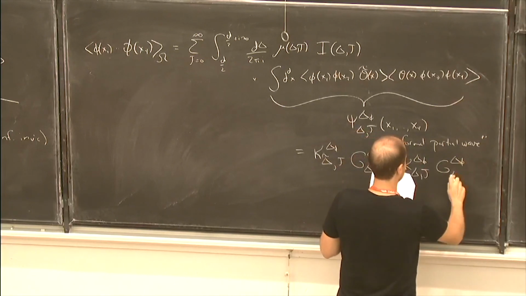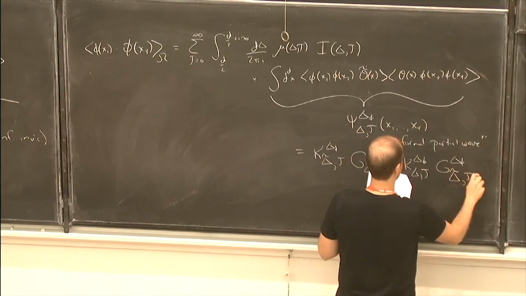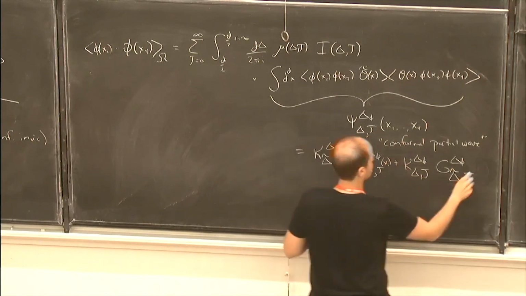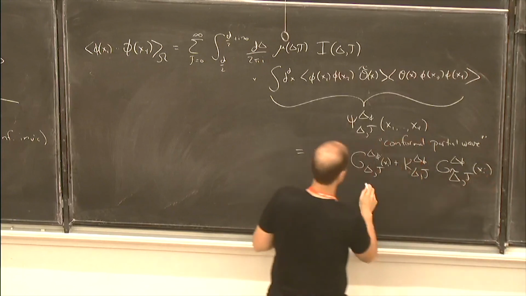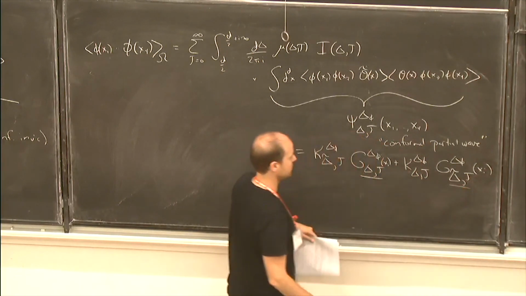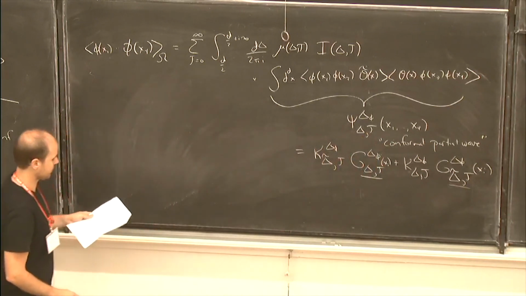Specifically, it's a linear combination of a standard conformal block plus a shadow block. This is the standard block with dimension delta and spin j, and this is the block with dimension d minus delta and spin j.